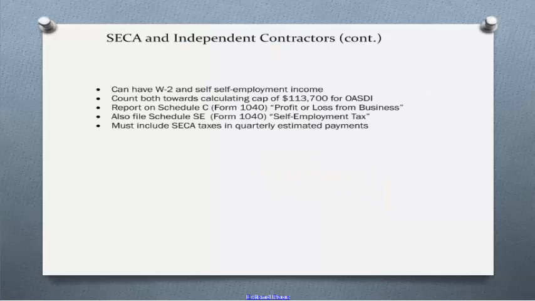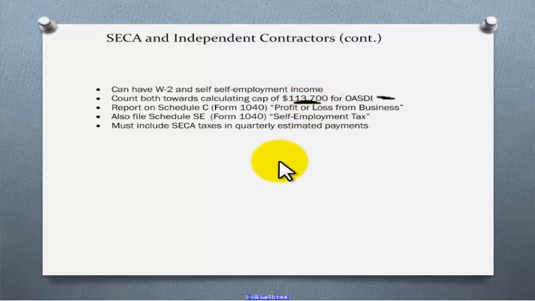So you can have W-2 and self-employment income, okay? And again, for OASDI, even for self-employed folks, they still have that cap in 2013 of $113,700. In 2014, of course, it's $117,000. In that case, you're going to factor in W-2 income first when you're considering this cap.